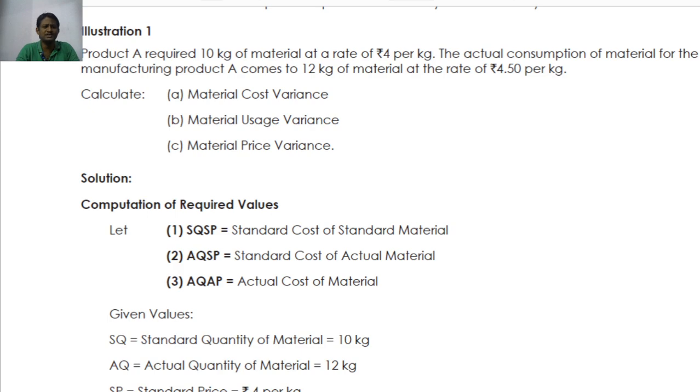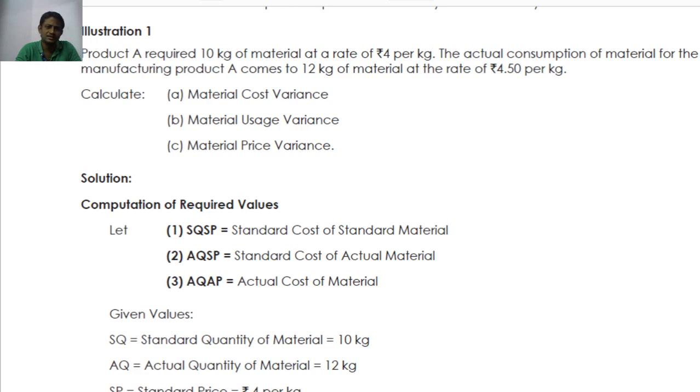Actually I have to spend 4 rupees per kg, but I am spending 4.5 per kg. Am I spending more or less? More. So my price variance is also adverse. 0.5 per kg is adverse. So my usage is adverse, price is also adverse. Then definitely my cost variance will also be adverse.